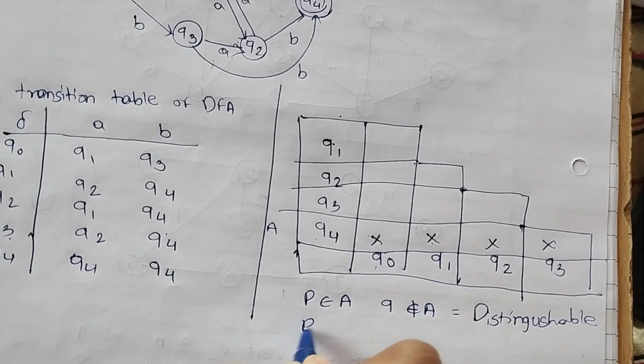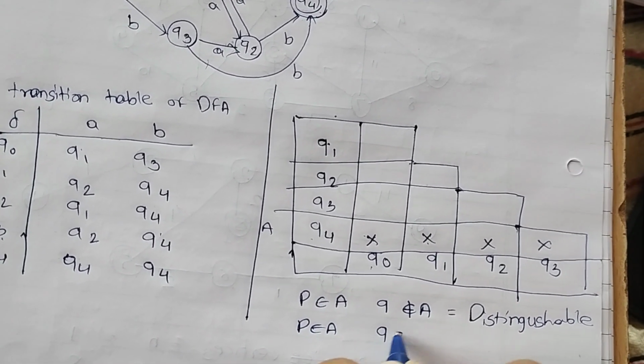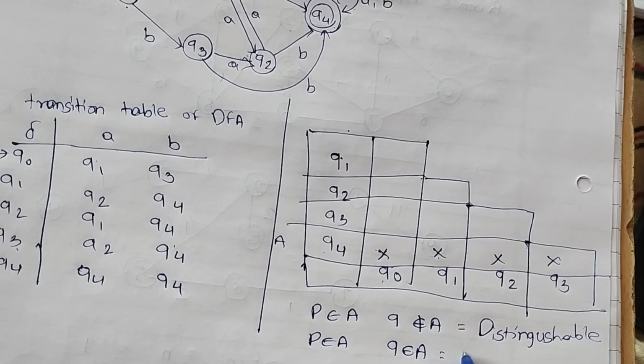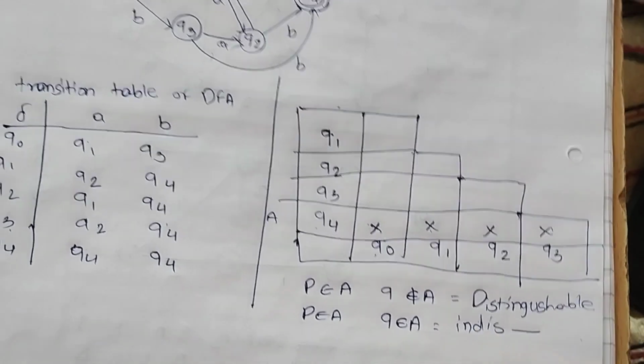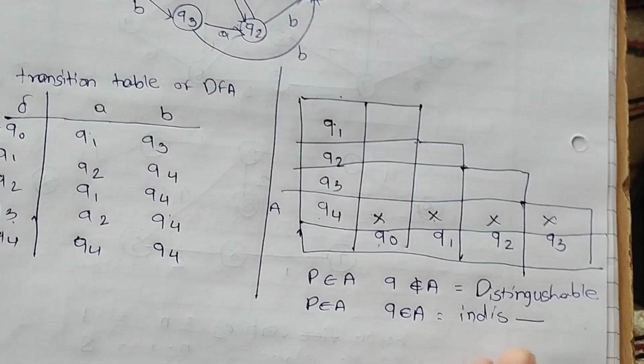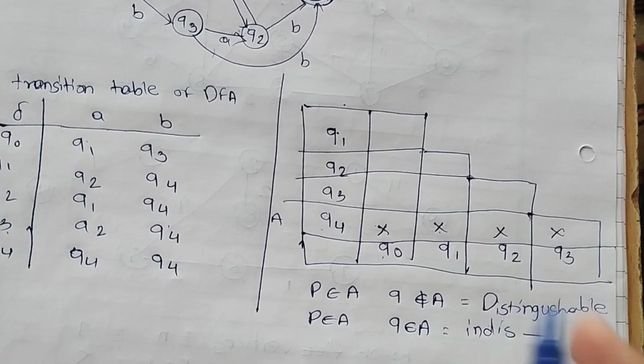And if P is also acceptance and Q is also acceptance, then this is indistinguishable. So I hope you all get the idea. We cross all the Q4.